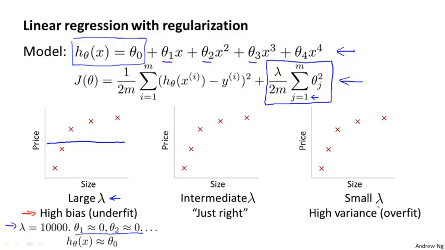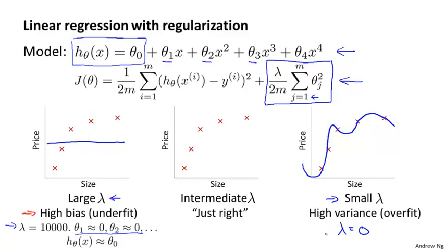At the other extreme is if we have a very small value of lambda, such as if lambda were equal to 0. In that case, given that we're fitting a high-order polynomial, this is our usual overfitting setting. Basically without regularization or with very minimal regularization, we end up with our usual high-variance overfitting setting.